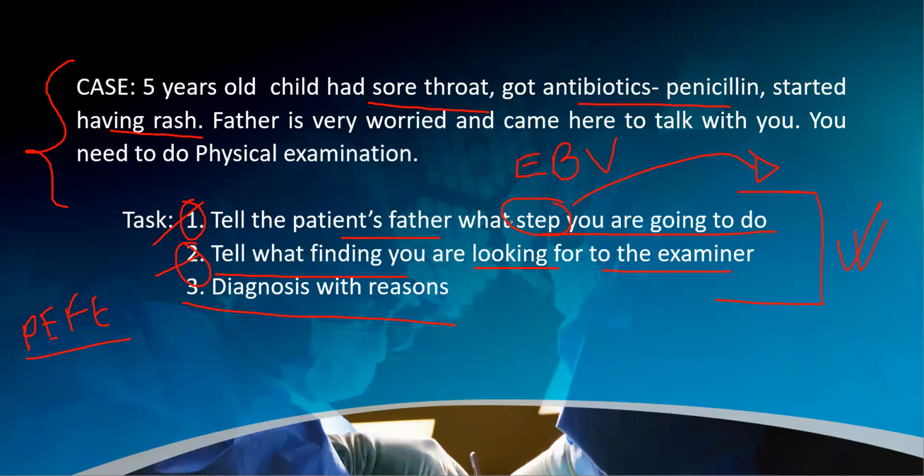If you do that, the role player will ask you a lot of questions. What is lymph node? What is pallor? What is koilonychia? What is leukonychia? You will not be able to finish the exam. If you need to explain each and every medical jargon, you are not going to finish the exam. That's impossible. So this way is good.